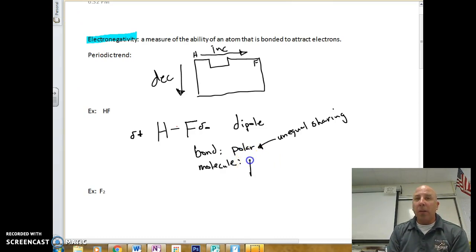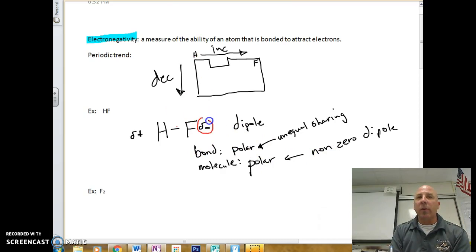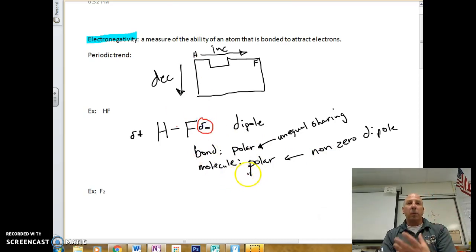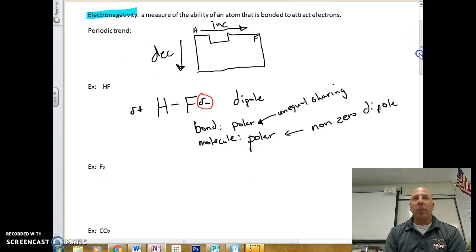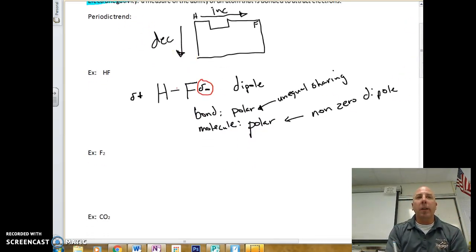The molecule is also polar, essentially meaning there is a non-zero dipole. Another way to say that is there's a slight charge on this molecule, and you see the slight negative charge because all those negative electrons are being pulled towards the fluorine atom.